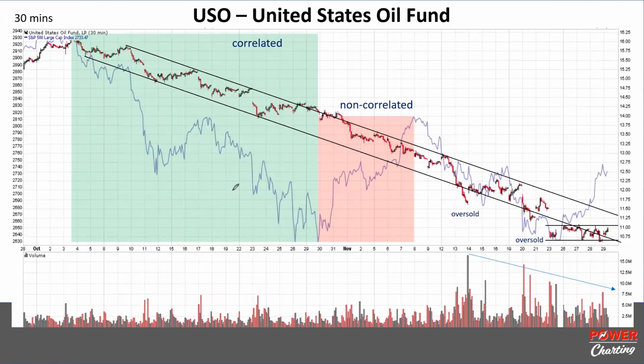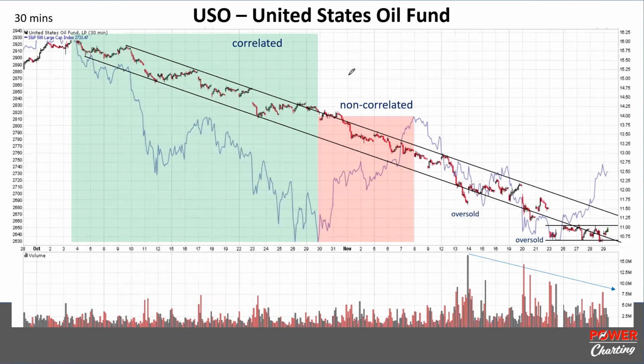Behind the USO candlesticks, we also have a solid line chart, which represents the S&P 500. One of the themes that we've discussed with Bruce in our Wednesday WMD class was how highly correlated oil and the S&P and the markets in general are on the way down.